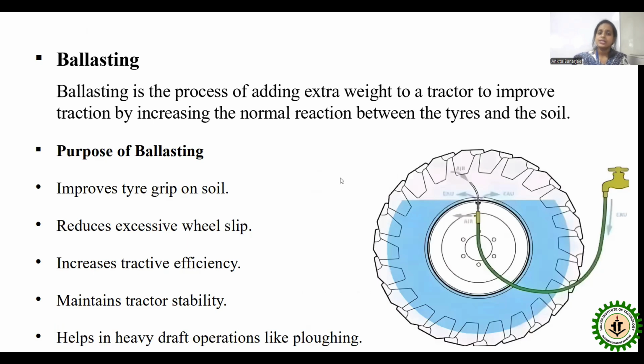The same goes for sand ballasting. 70 to 75% of the tire is filled by sand, and the remaining 25% is filled by air. Basically, the purpose of ballasting is to add some extra load on the tire so that traction is improved.